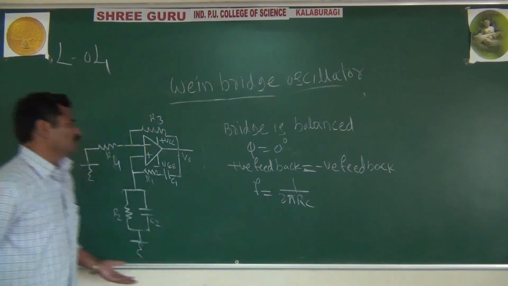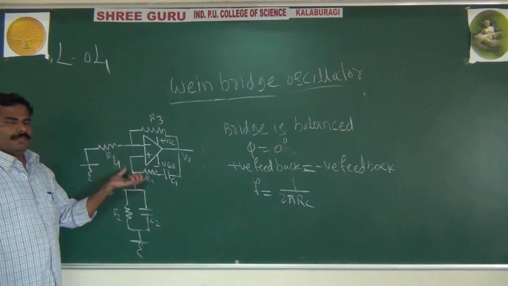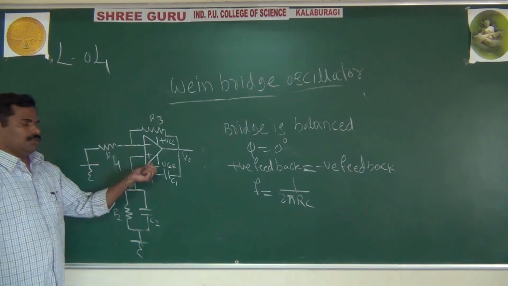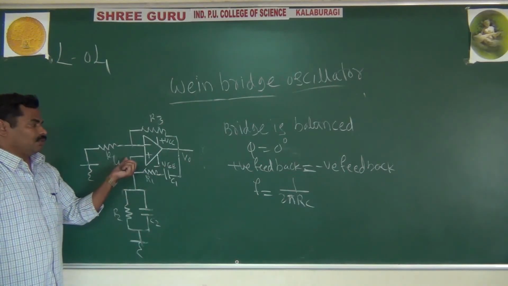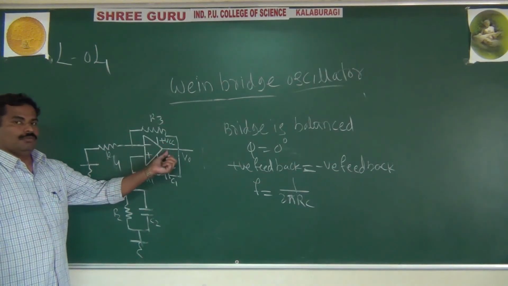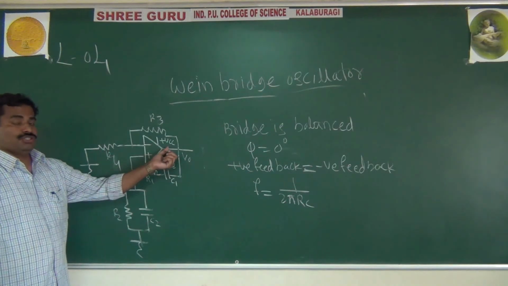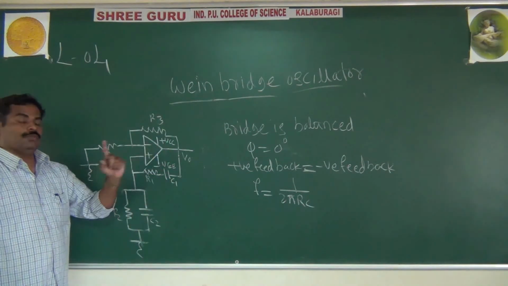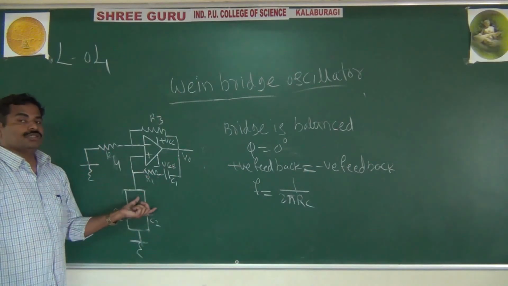Once again, very simple. Whenever you switch on the power supply, the noise voltage acts as input at the non-inverting terminal, and the noise voltage has different frequencies. Those different frequencies will be amplified at the op-amp output, but your bridge circuit acts as a frequency selective circuit.